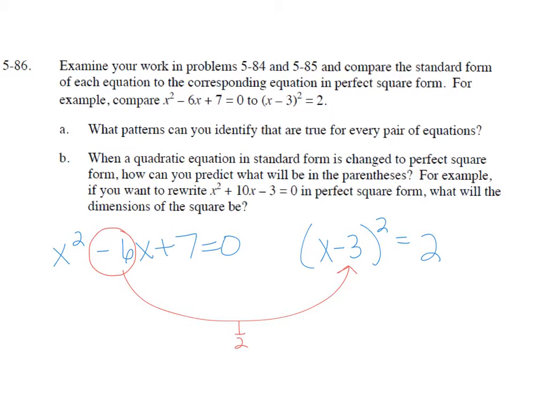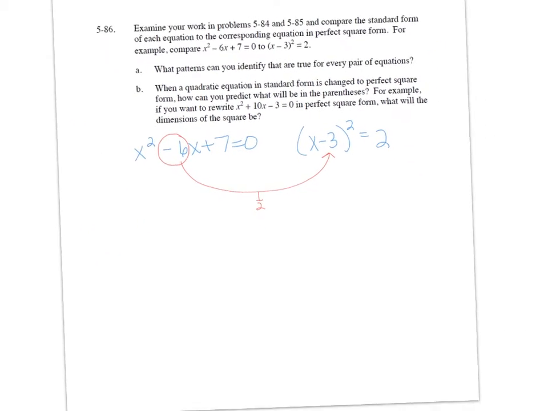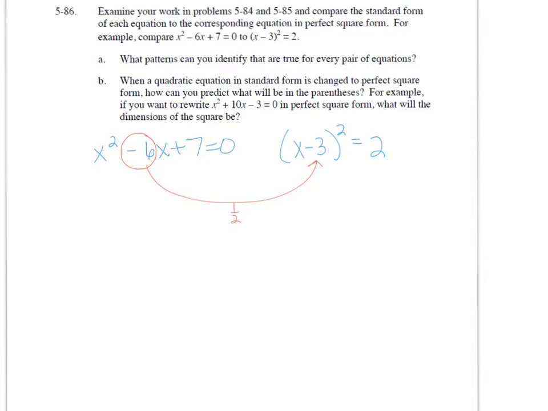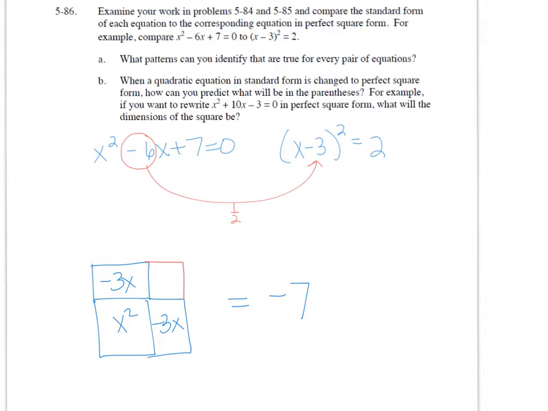The other thing you might have noticed is what we're adding to the square. Let me go ahead and draw this as a perfect square. So we would have had x squared. And then let me just go ahead and do it in generic rectangle format. So that -6x we're dividing in half. And what you might have noticed is when we have that, we have to multiply -3 and -3.